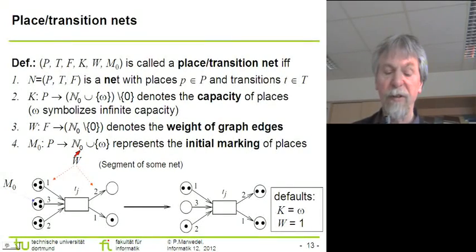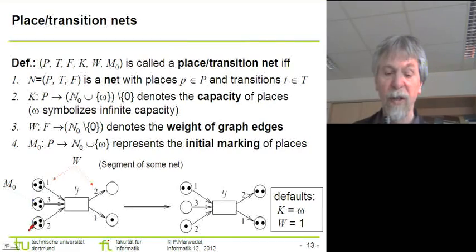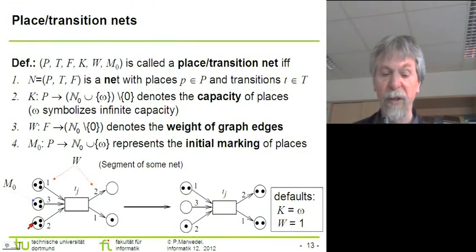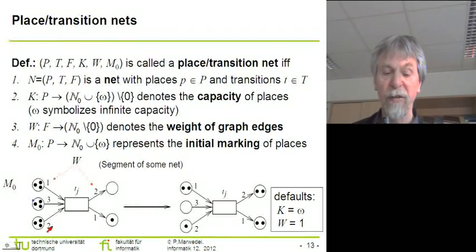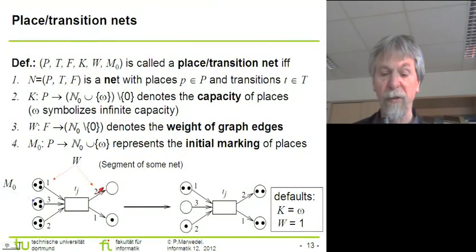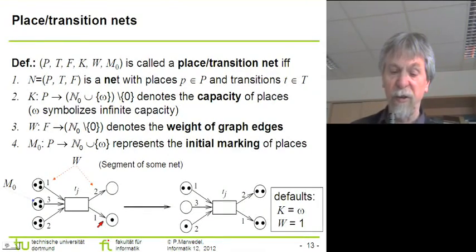Now with this extension, the following can happen. Let's assume that we have a situation in which we have a certain number of tokens on the conditions in the precondition set. So we have 3, 3, and 3. And let's assume furthermore that we have certain weights on the edges, and we have also certain weights on the edges to the post-condition set.